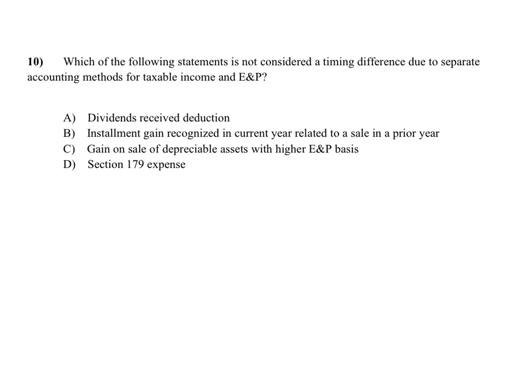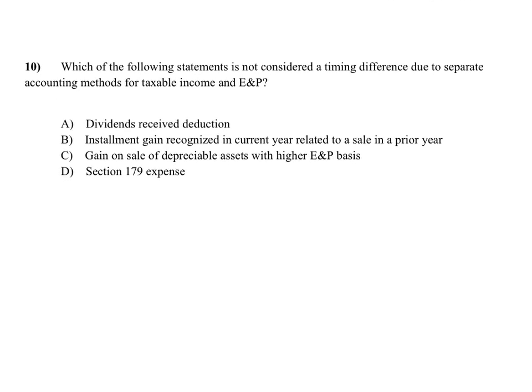And then lastly, number 10, which of the following statements is not considered a timing difference due to separate accounting methods for taxable income and earnings and profits? All right, so take a look. And so the key is which is not considered.